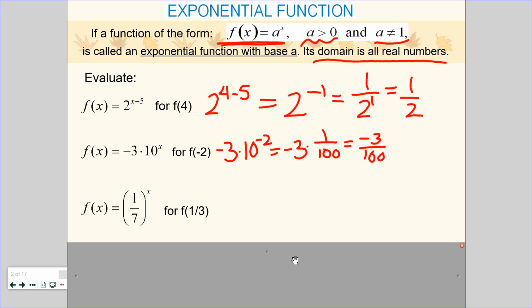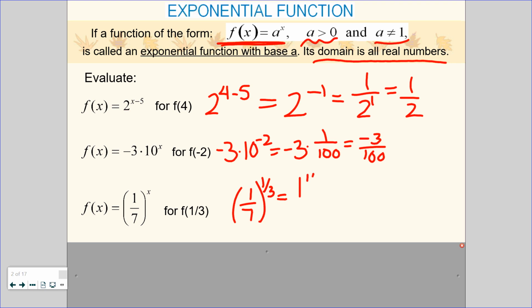1/7 to the x power is the next one, and we are evaluating it for 1/3. Okay, f of 1/3. So that's going to look like 1/7 to the 1/3 power. When you have a fraction taken to a power, you can distribute that power to both the numerator and denominator.